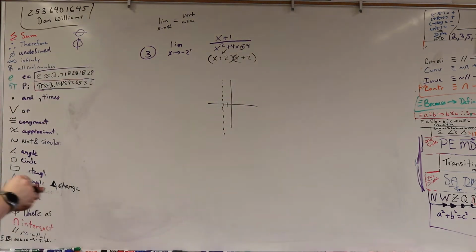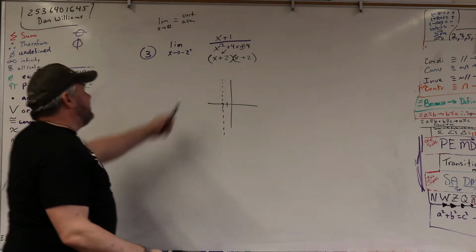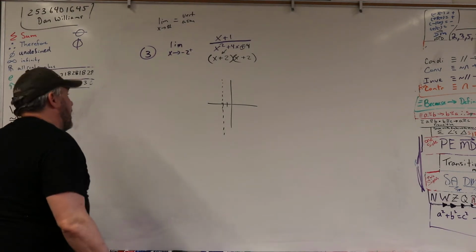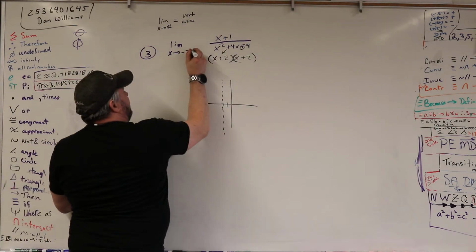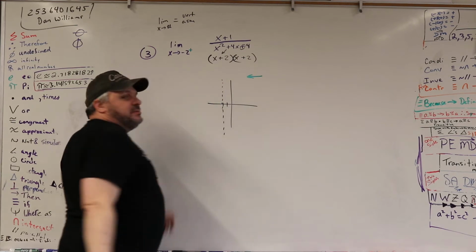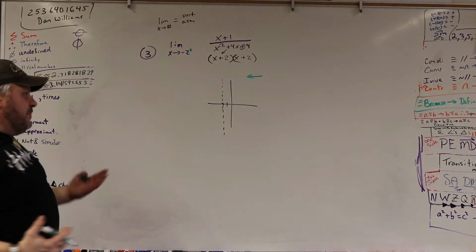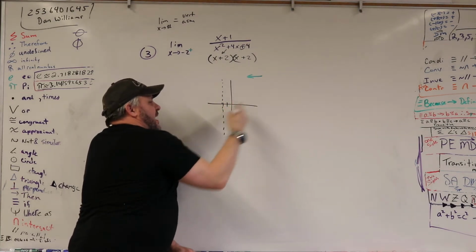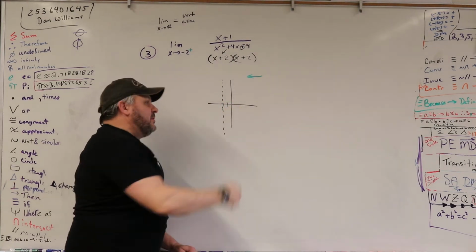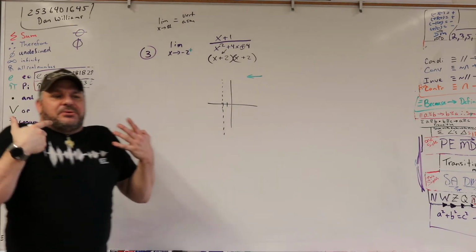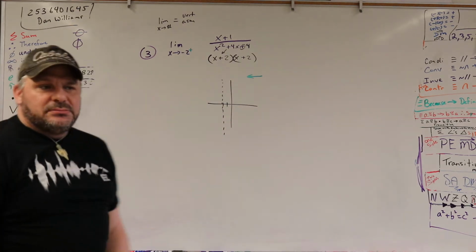Now it's telling us to approach it from the plus side, so as we come from this direction, what numbers would be logical? That would be a nice couple numbers to throw into the equation.